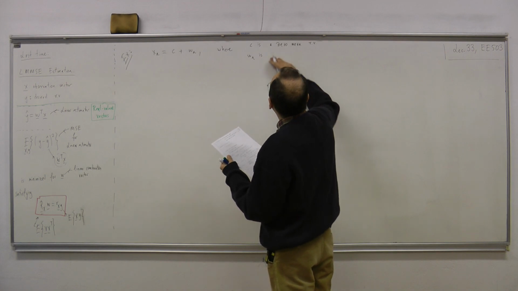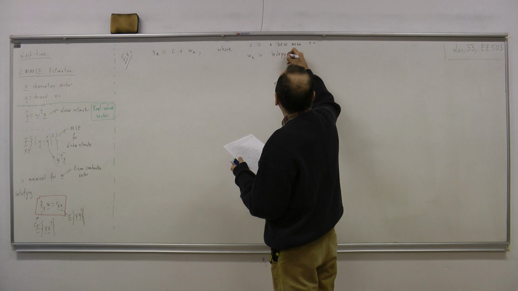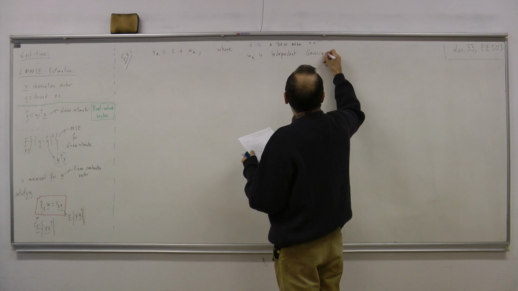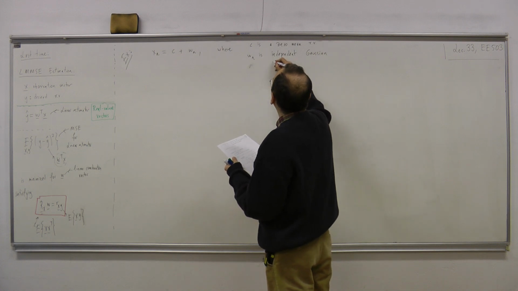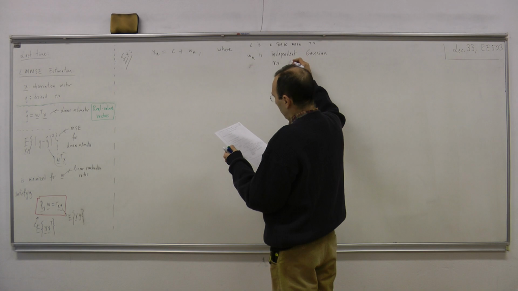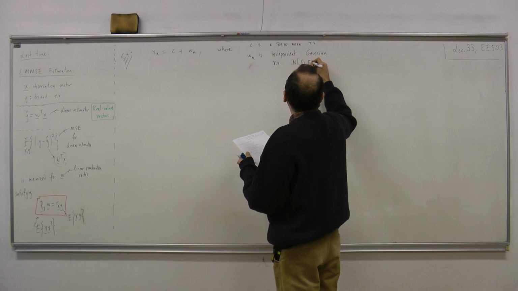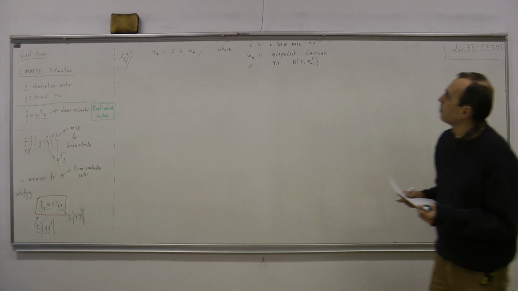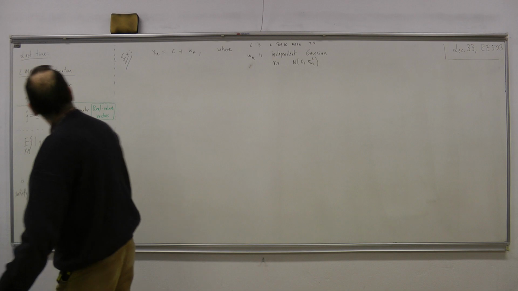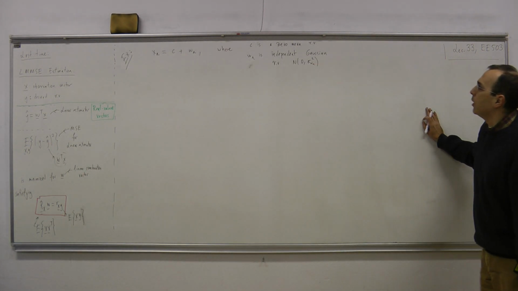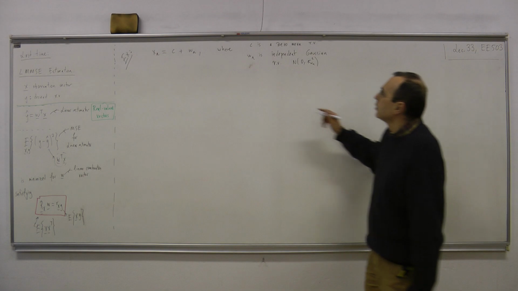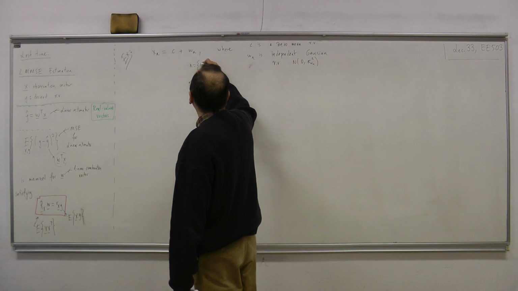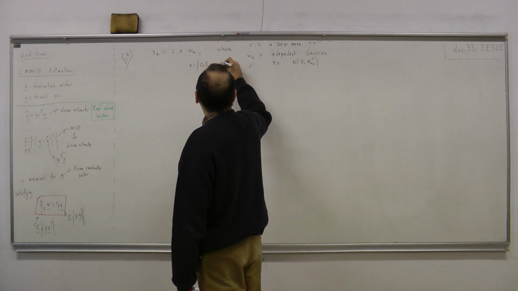It's not IID, sorry, it's independent. So wn is also zero mean. Its variance is sigma wn square, and that is it. Let's say that I have N of these observations, n from 0 to N minus 1.